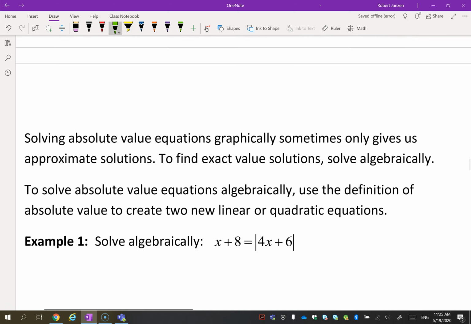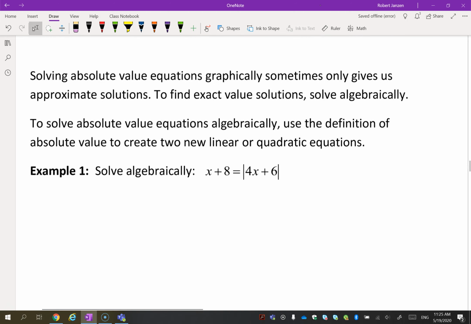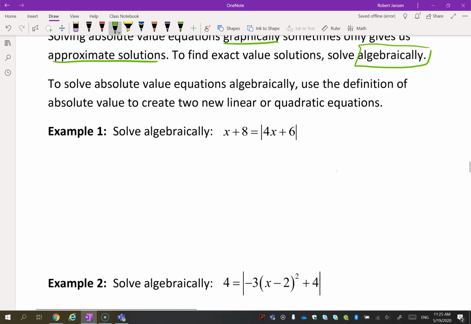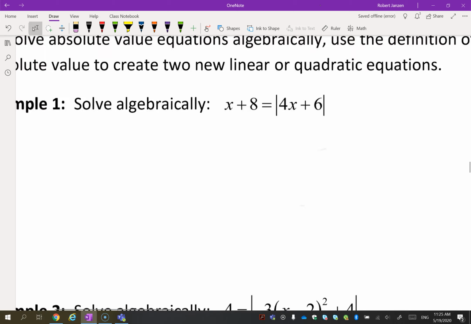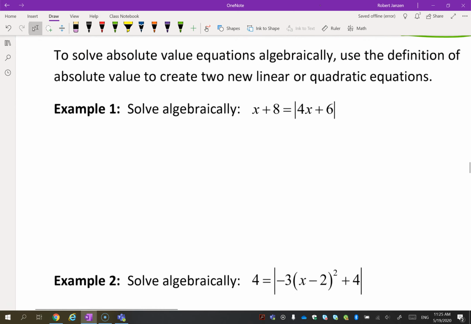Okay? So, let's talk about solving graphically. Graphically, it only gives you approximate solutions, so I don't want a graph. I want to solve algebraically. Algebraically is going to give me exact answers. To solve absolute value equations algebraically, use the definition of absolute value to create 2 linear or 2 quadratic equations. Here's what that means.